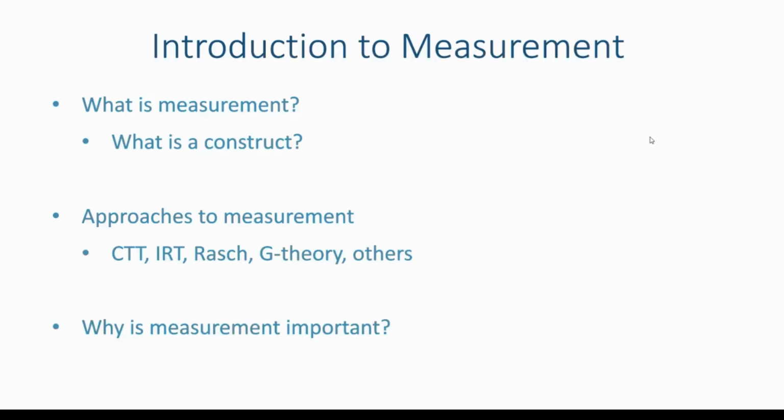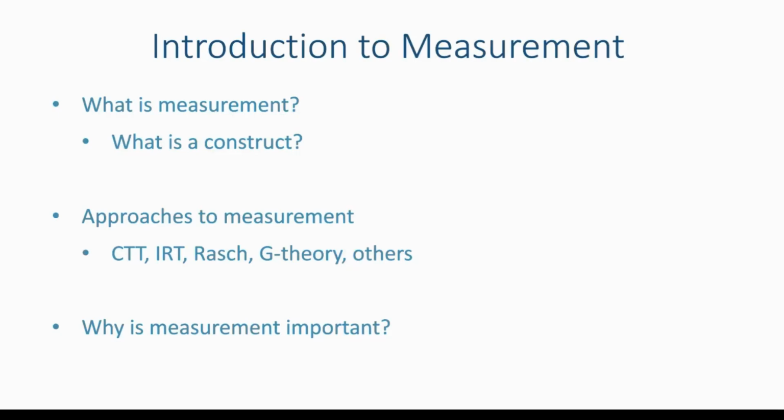That's right. So we're going to talk a little bit about some basic stuff first for measurement. And it's the idea of what is measurement? When you think about measurement, the idea is that we're trying to create maybe a numeric score to represent somebody or quantify an object that we're trying to measure.